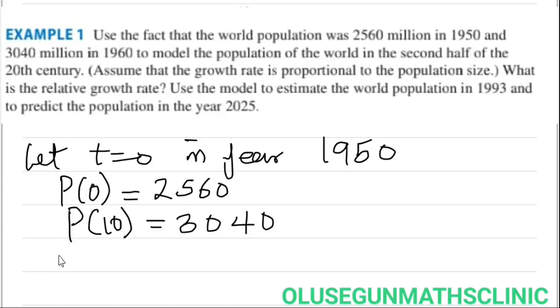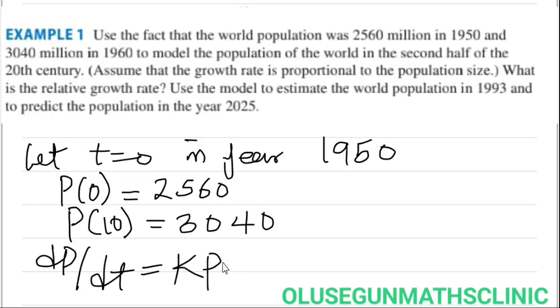Recall that the population per time is given as constant P. Now, let's analyze this question better. At P of 0, that is the initial value, it is 2,560 million. In 10 years' time, it is 3,040 million.